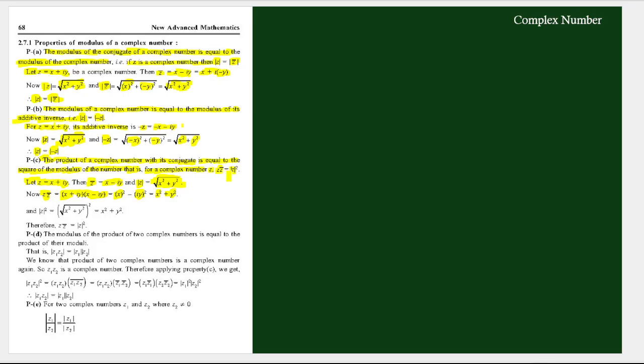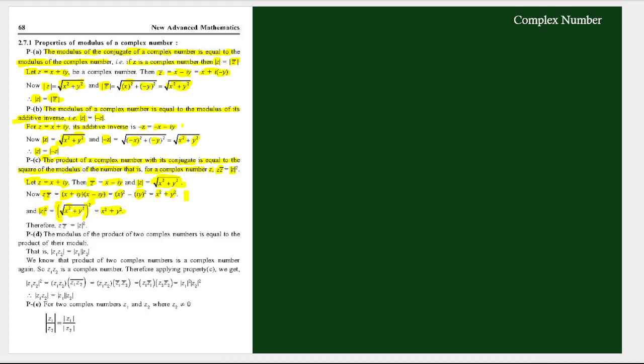Okay, z into z conjugate. Then now on the right hand side we will find out modulus of z square. Modulus of z is root over x square plus y square, and it's whole square. Then root and this square, they cancel out. Then we will find x square plus y square.